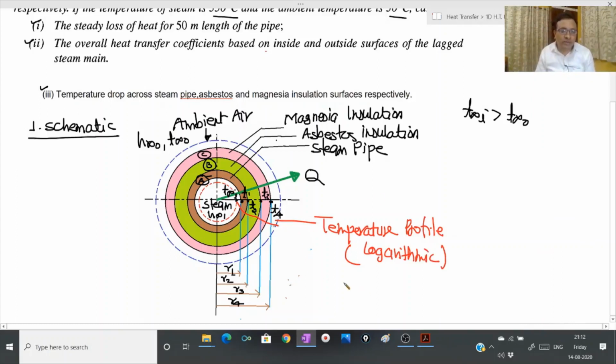So this way, I could represent all the required parameters affecting heat transfer rate in case of a composite steam pipe. Let's say thermal conductivity of the cylinder is Ka, of asbestos insulation is Kb, and of magnesia insulation is represented by Kc respectively.